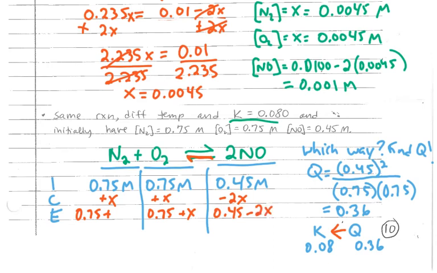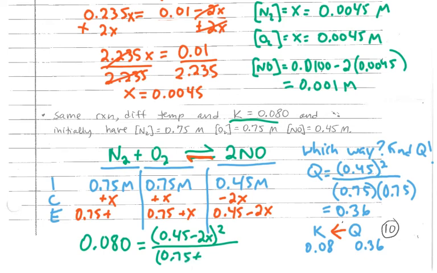We are given the value of K. K is 0.080, and we plug in these equilibrium concentrations, 0.45 minus 2x squared over 0.75 plus x squared, and we solve for x, which I'll show you the answer in the next video.